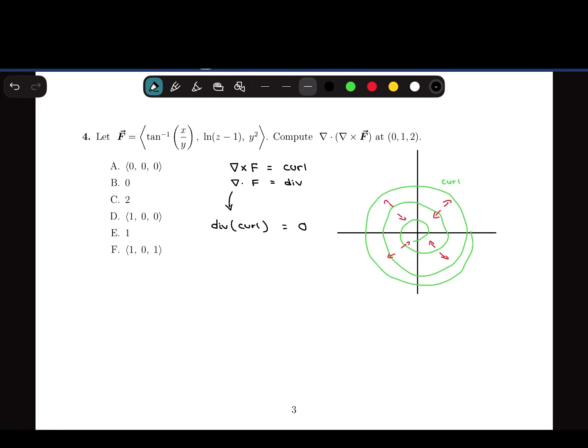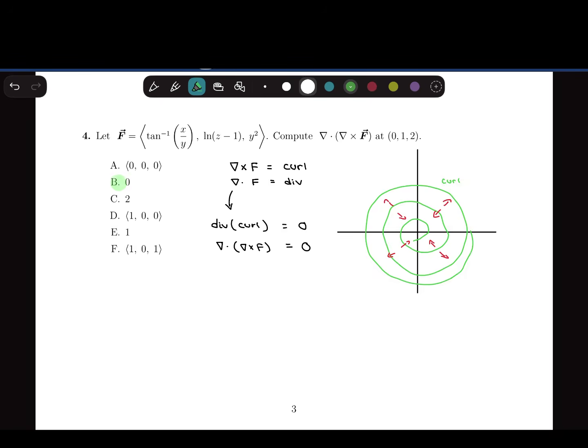So, if you're actually doing this question and perhaps you didn't know all that about the concept of a curl, I would just recommend looking at this problem, realize how messy the curl of just the inverse tangent of x minus y would be, and then recall this identity right here. I'll write it out in the actual format. Is always equal to 0. So in this case, the answer would be answer choice B.